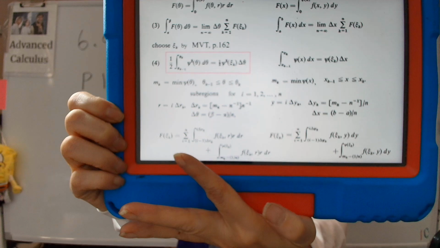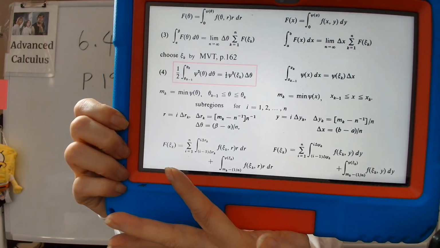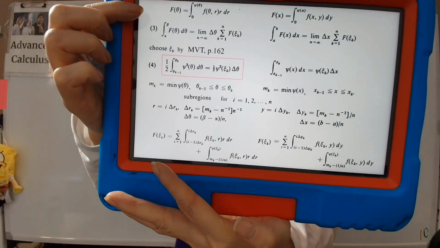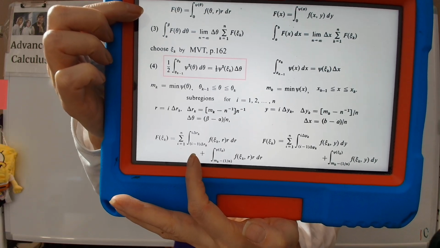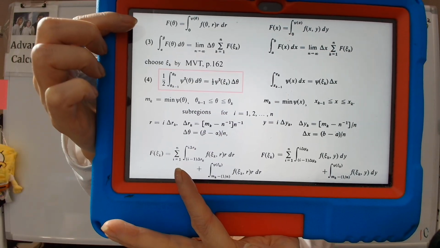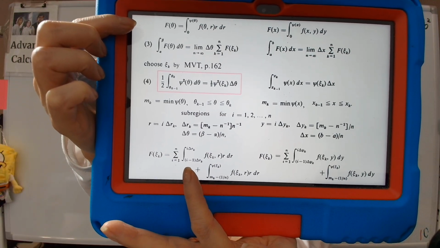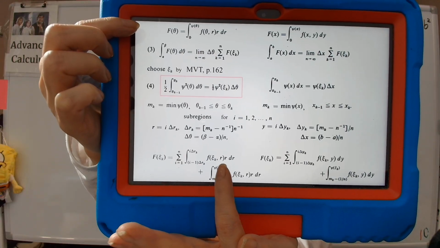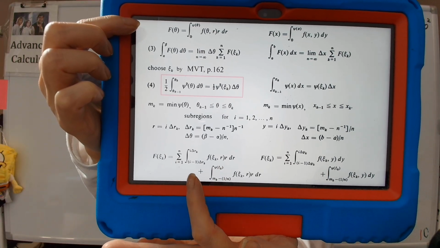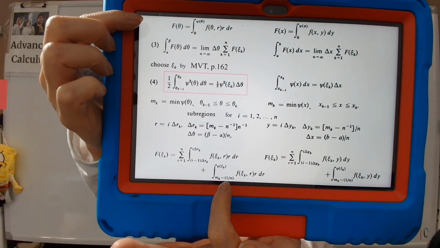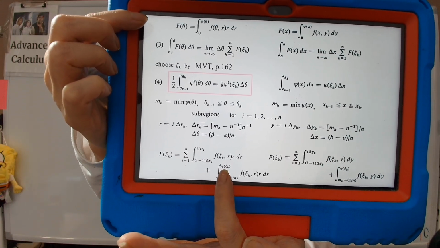And so with all that, then F of psi of k, what was F of theta? It's defined way up here, right, in both cases, is equal to the sum of, let's see, so then F of psi of k equals the sum, and then we're integrating this thing along r, because along the line, okay? So we're going from i minus 1 to n, and then this part all the way to psi of k.